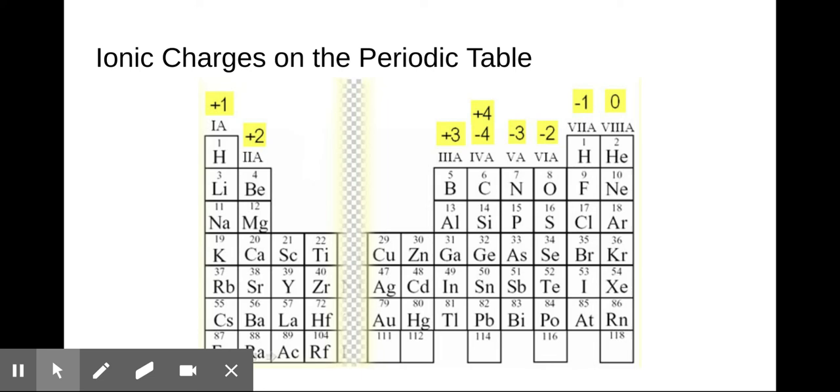So for sure, if you have a copy of the periodic table, or you can even just sketch an outline of one, the charges on the periodic table are going to align with the group. So everything in the first column will form a +1 charge. Everything in the second column will form a +2 charge.